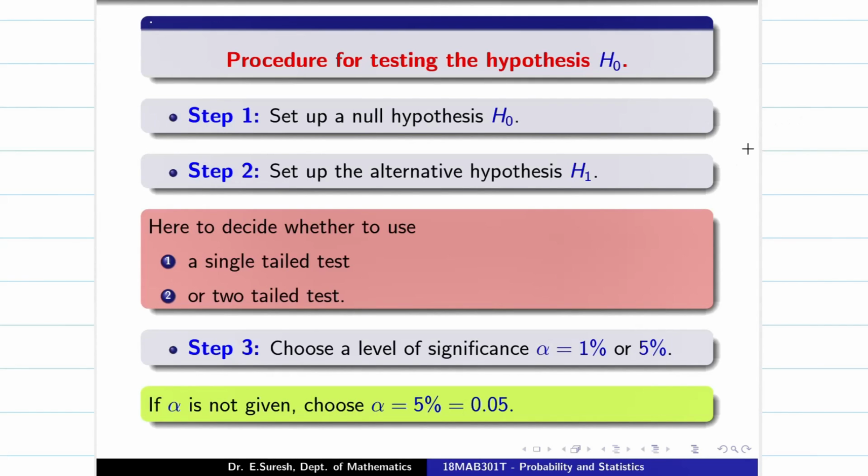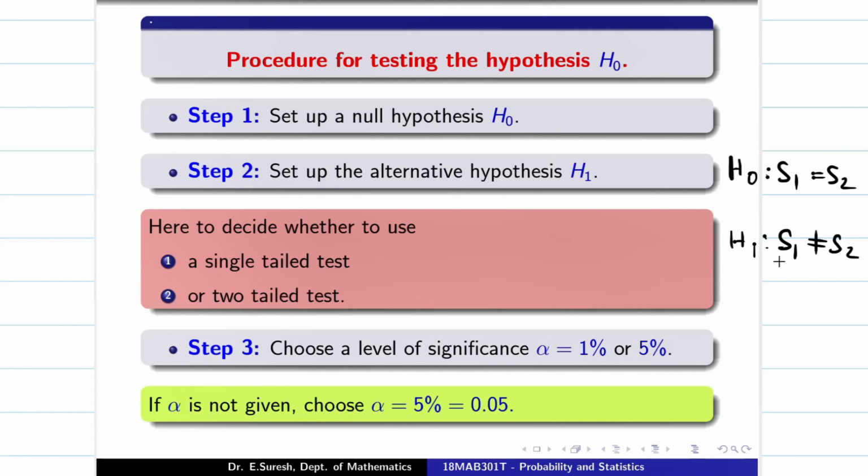I'll explain the situation. If two students are there, we have to compare. H0 will say there is no difference between student 1 and student 2, but H1 will say there is a difference between the two students.